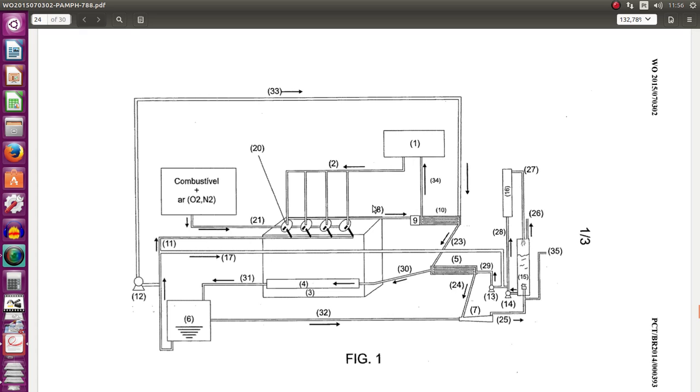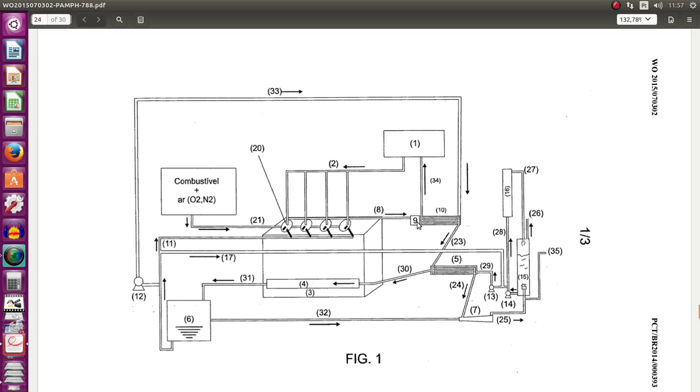So in a reference engine, these gases are released to the atmosphere at high temperature. In this system, we use this high temperature to recover this energy, and it's released only after that, in the 26, at low temperature.